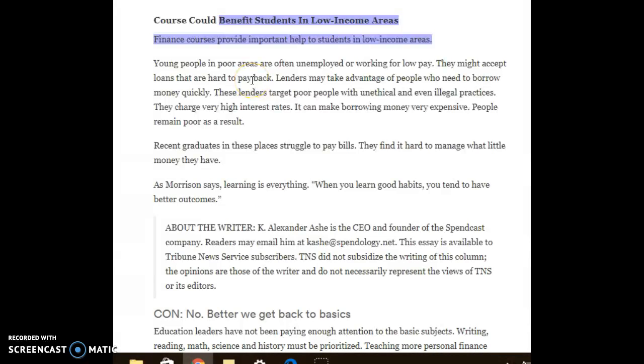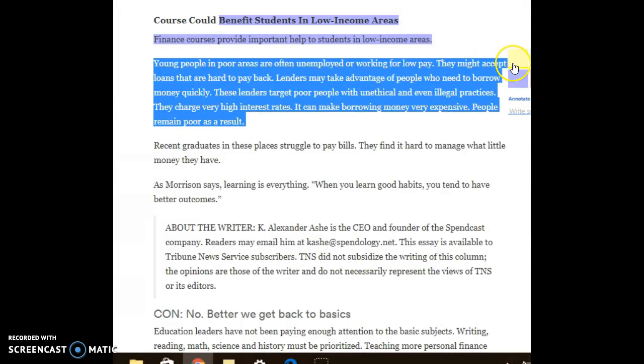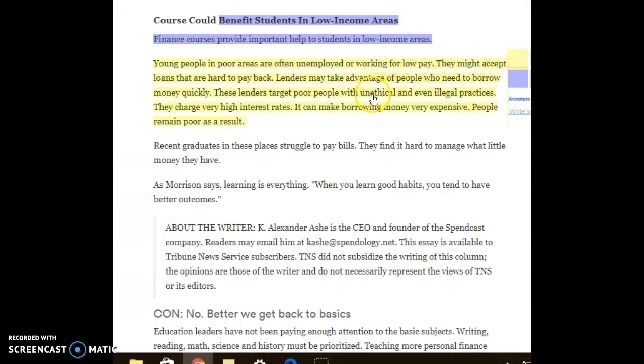She gives us some evidence in this last section of her article. She gives us a lot of supporting details that show this could benefit students in low-income areas. This entire first paragraph is full of details about what it looks like to live in a low-income area.